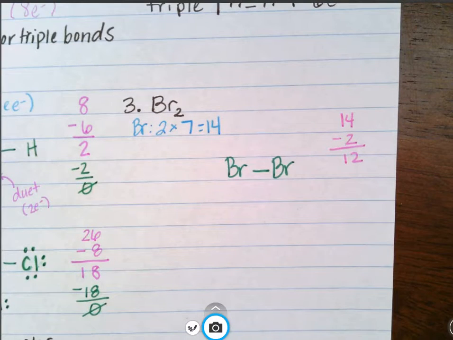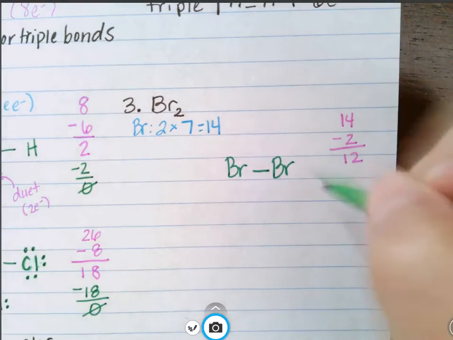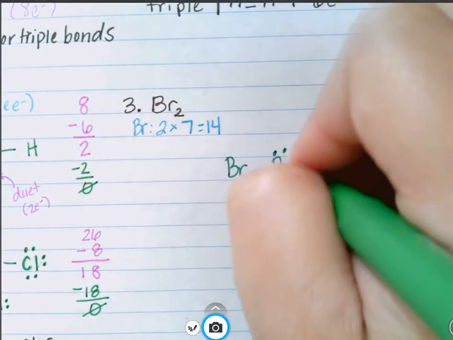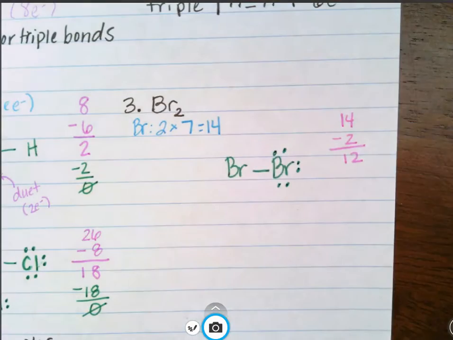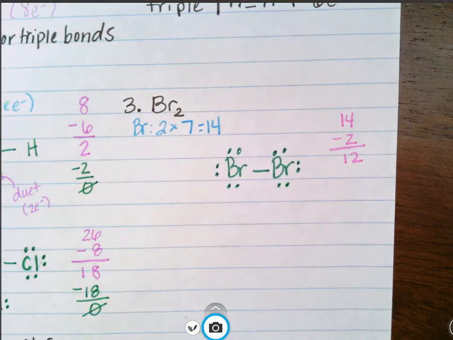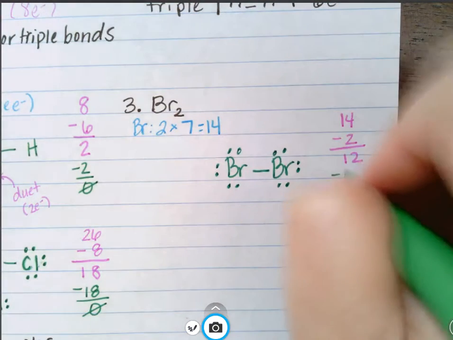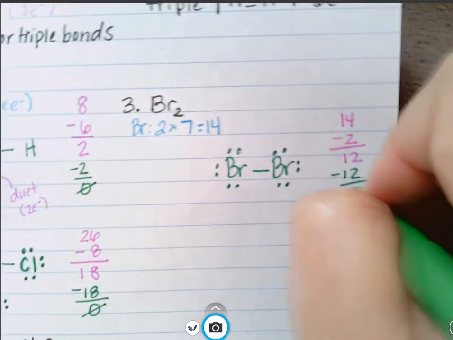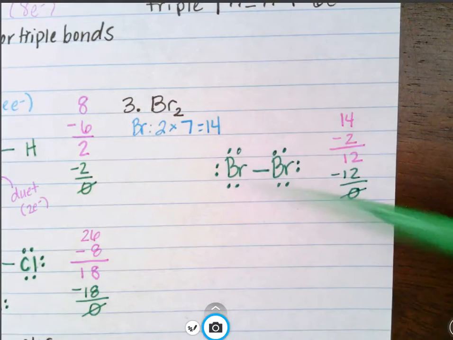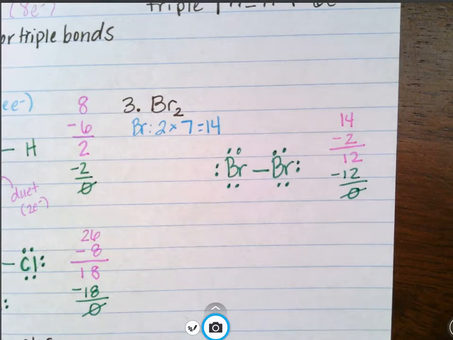All right, I know each of these bromines needs an octet, so each of them is going to need 6 more. So there's my 6 dots on this one, 6 dots on that one, and now I've used a total of 12, so none left over. Okay, notice I'm taking my subtraction all the way to the 0. All right, next part.